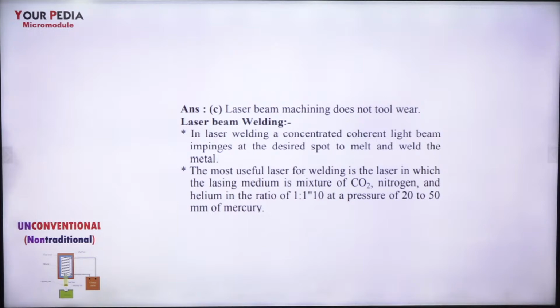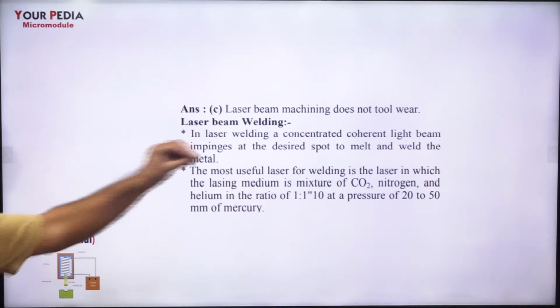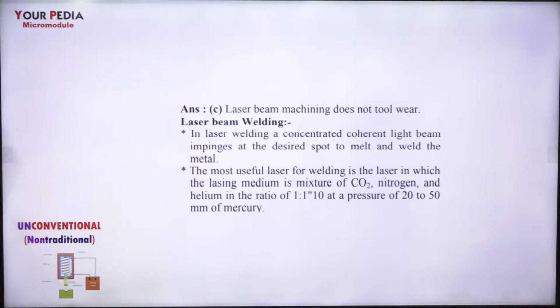A coherent light beam impinges on a small spot, melts it and vaporizes it. Note this down: carbon dioxide, nitrogen and helium in the ratio 1:1:10, pressure 20 to 50 millimeter of mercury. Ruby laser is also there. Carbon dioxide laser is also there.